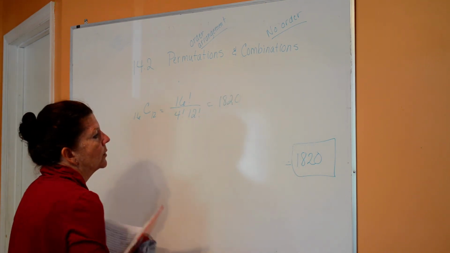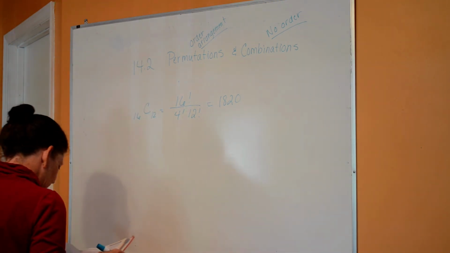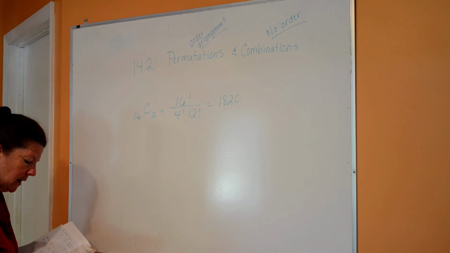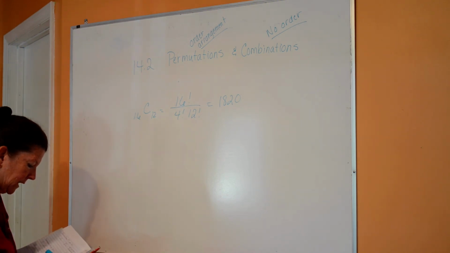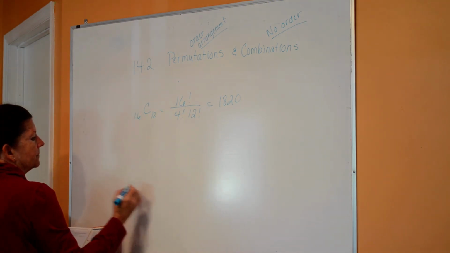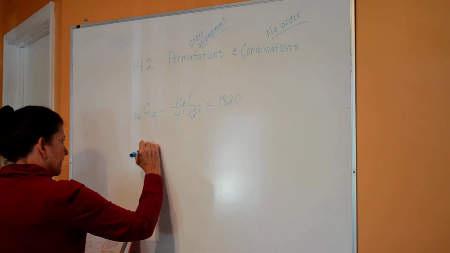That's going to be my total, because the next part's going to be probability. And it says, if the students are chosen randomly, what is the probability that 4 seniors, 4 juniors, and 4 sophomores will be selected? Okay, that is the 4 seniors.